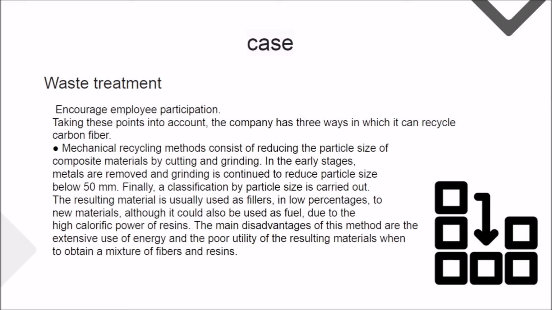The resulting material is usually used as fibers in new material, although it could also be used as fuel due to the high calorific power of resins. The main disadvantage of the method is the extensive use of energy and the poor utility of the resulting material, since a mixture of fiber and resin is obtained.